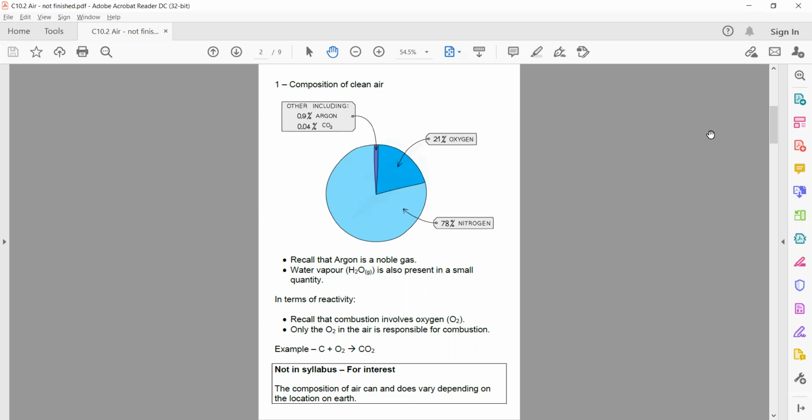And then for interest's sake, it's not in the syllabus, the composition of air does change depending on where you are in the world. But when I say change, I don't mean like 78 to 60. I mean 78 could change to 78.5. It's not identical everywhere you go around the world. So for example, if you went to the Amazon rainforest, would you expect the oxygen level to be higher or lower?